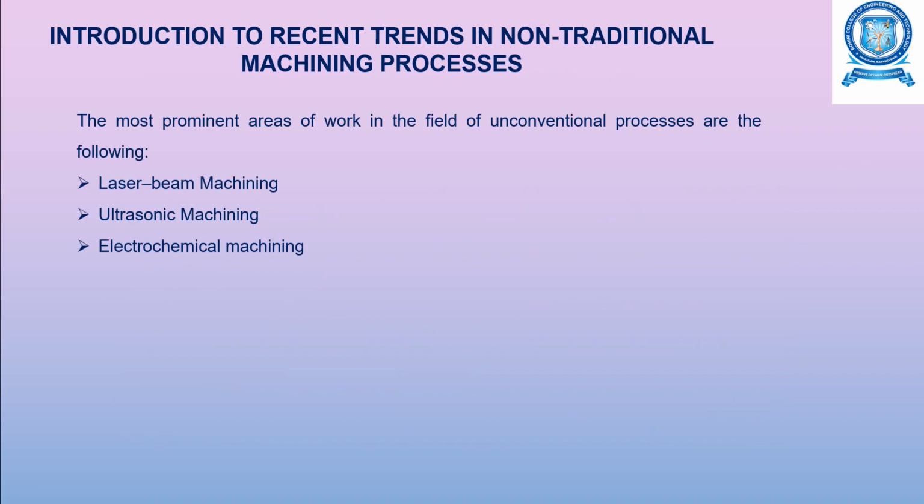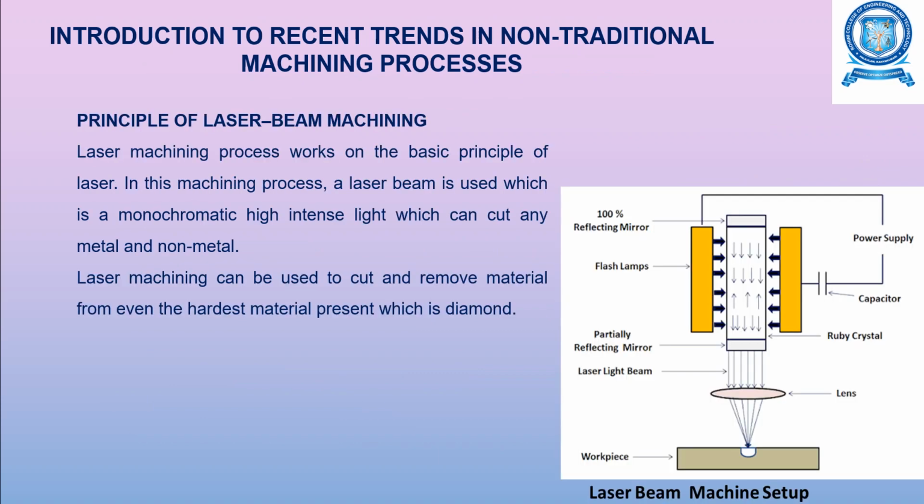So the most prominent areas of work in the field of unconventional processes are the following. The first one is laser beam machining, the second one is ultrasonic machining, and the third one is electrochemical machining. Coming to the principle of the first one, laser beam machining, which we will be studying in this video session: laser beam machining is a process which works on the basic principle of a laser.